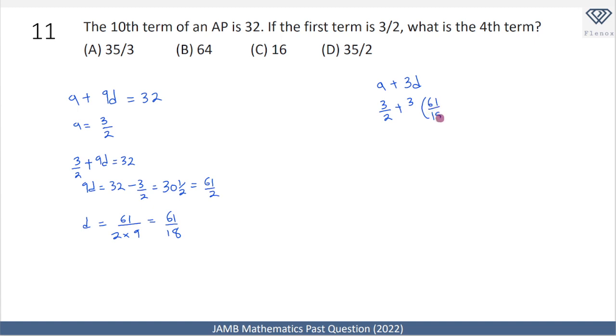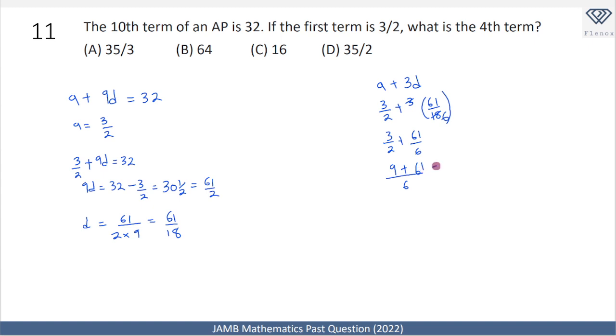And now we can easily simplify this. We know that 3 divides 18 to give 6, so this is the same thing as saying 3/2 plus 61/6. You can easily find the LCM of both. 6 divided by 2 is 3, 3 times 3 is 9. 6 divided by 6 is 1, 1 times 61 is 61.